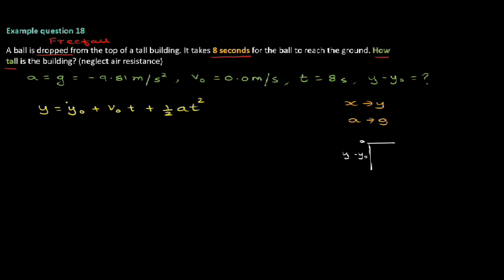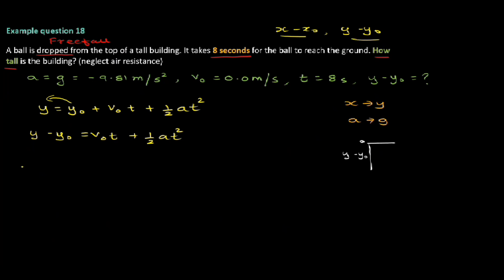I need to find y minus y0, so I will move this to the other side: y minus y0 equals v0t plus half at squared. Remember, whenever we are solving problems, distance or displacement is given by the expression x minus x0 or y minus y0 for free fall. So whenever they ask you to find the distance traveled or the height of something, this is the expression they are asking you to find.